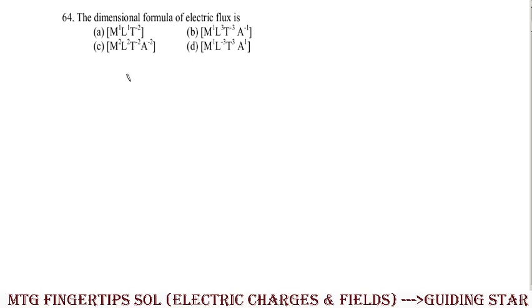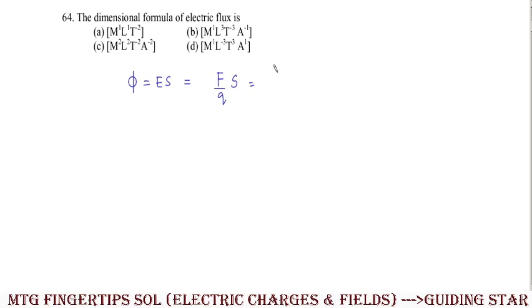So just now we got the formula for flux is E into S, electric field into area, when both are in the same direction, or the angle between them is 0. So here in this particular case, the dimensional formula for flux can be written as: electric field is nothing but force per charge, into area.